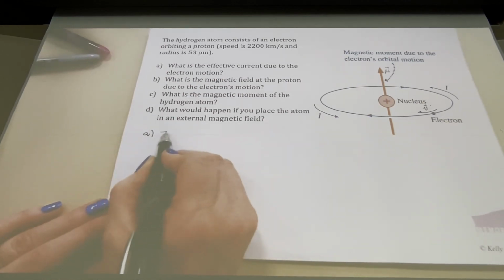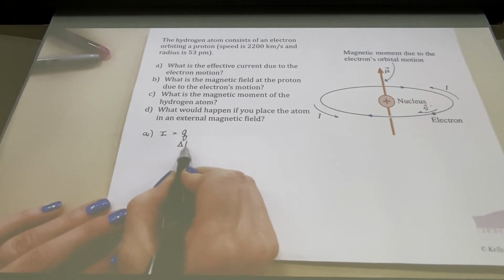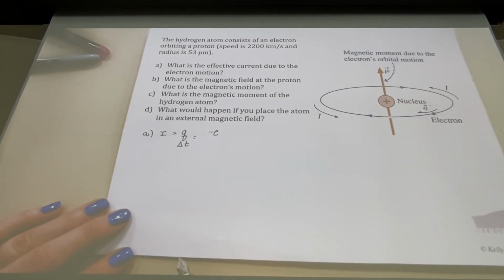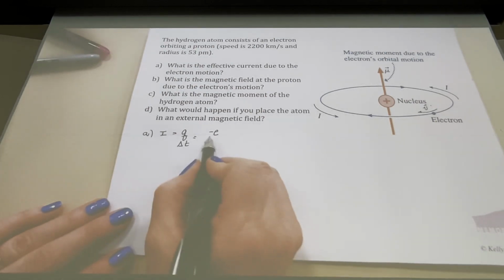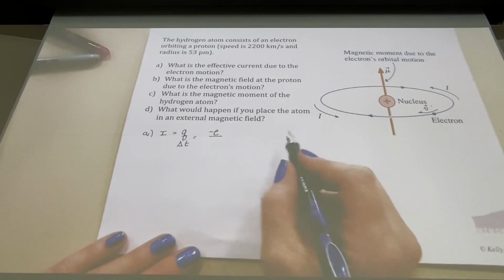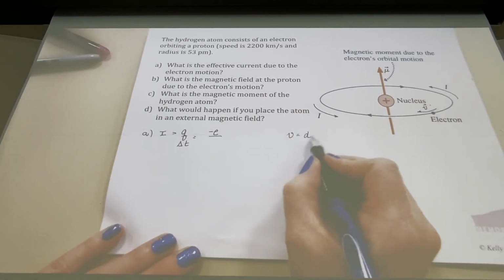For part A, we know that current is charge over time. The charge is the charge of an electron, minus the fundamental charge. Time, we don't exactly have, but we could sort of think about it. The velocity of our electron would be distance over time.